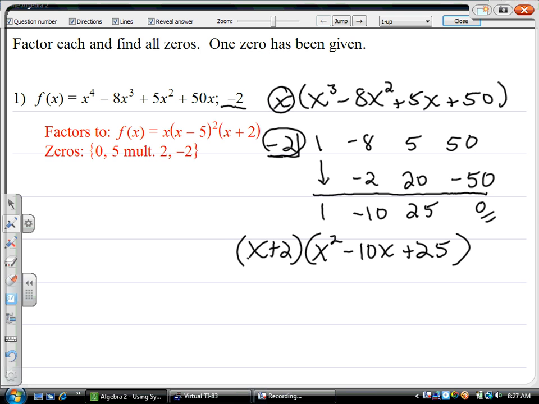And the term that goes with x, or the root of 0, is just x. Our first term can't be factored. x plus 2 can't be factored. But our last term of x squared minus 10x plus 25 definitely can. So what this factors to is x minus 5 times x minus 5.